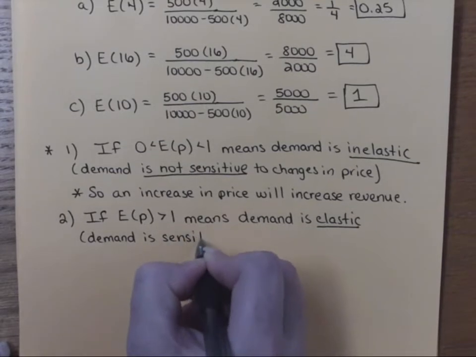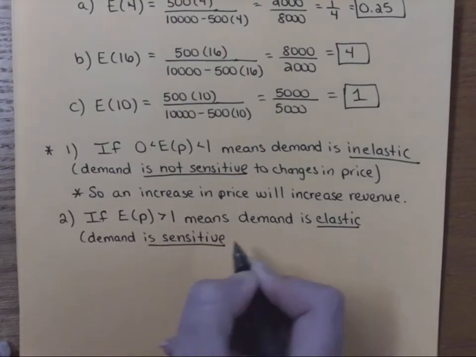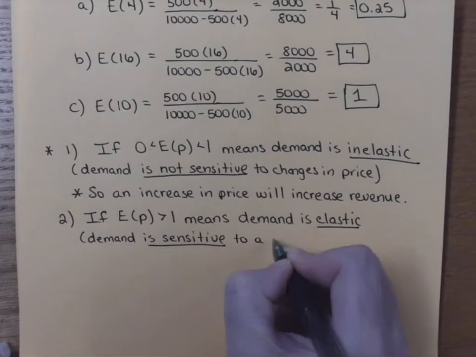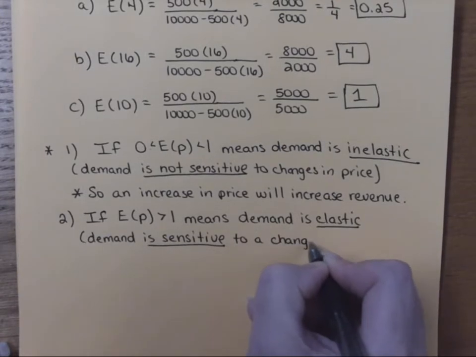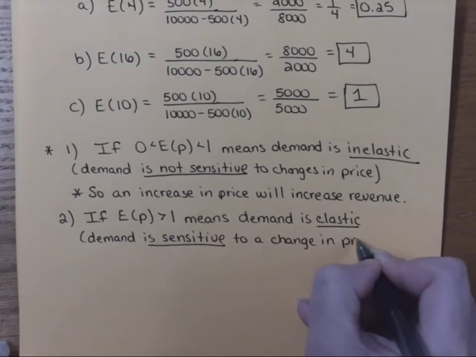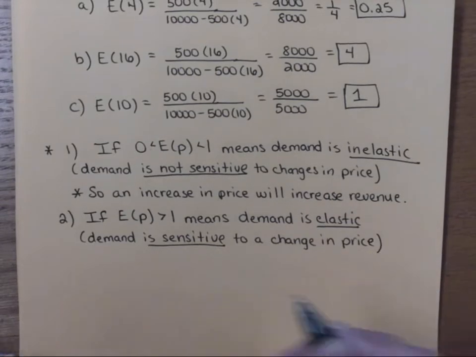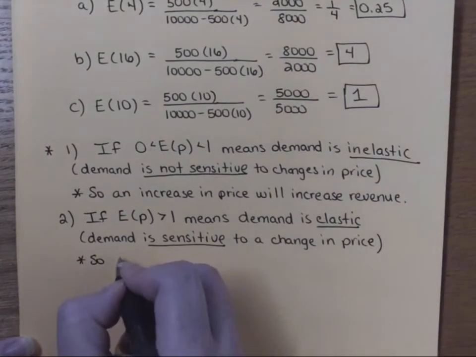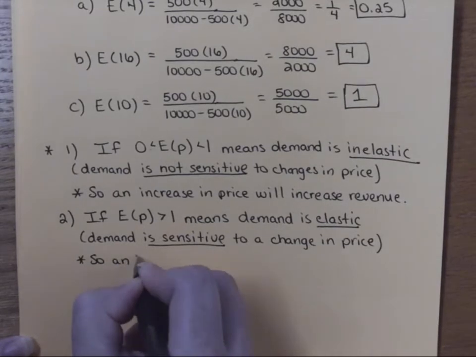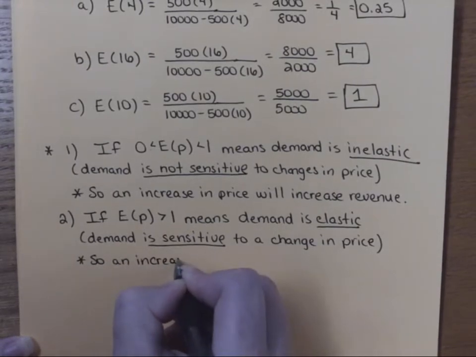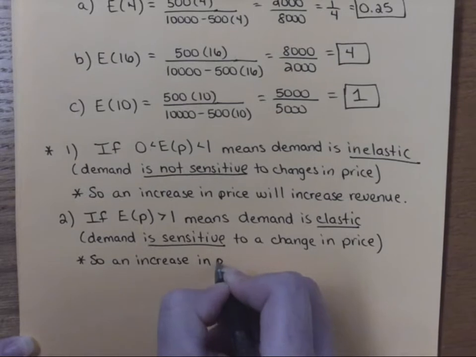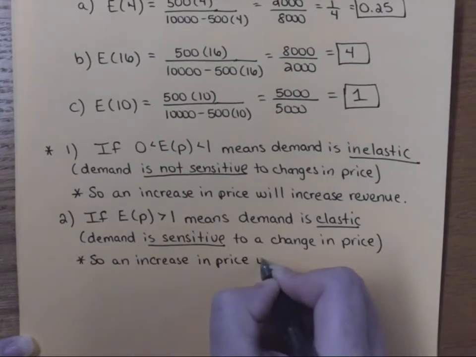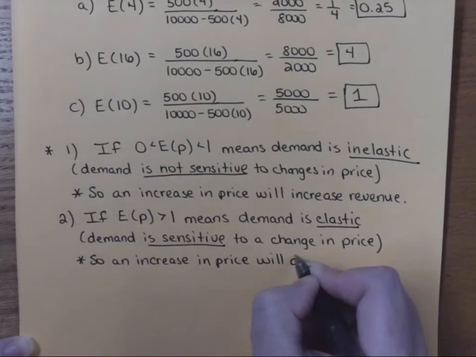The demand is sensitive to a change in price. In other words, people are really going to react if you change the price of a product like this. So basically, an increase in price might not be the best thing for you to do as the business owner because it will usually decrease your revenue.